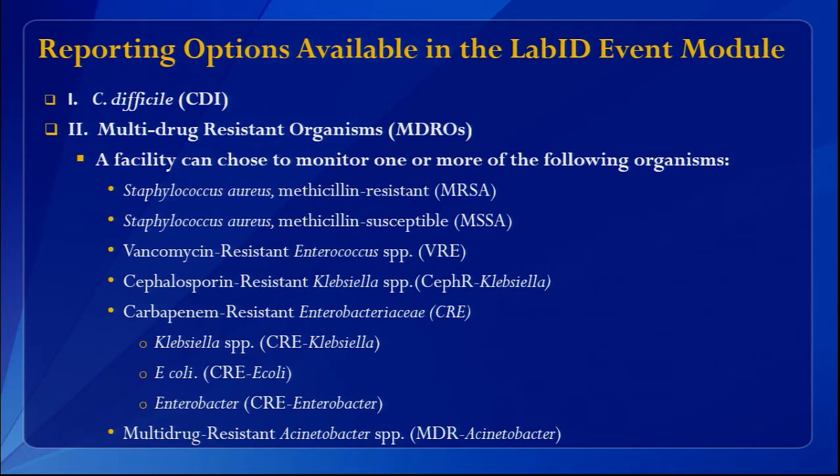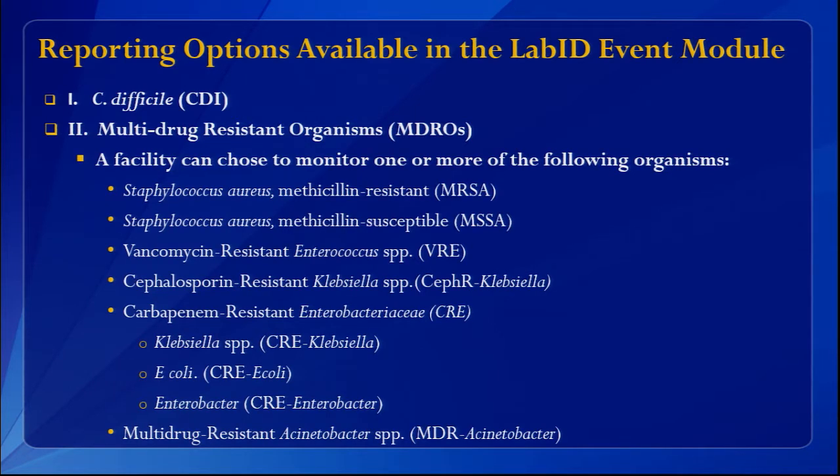Just to make your eyes cross, I put this slide on here. Here are the reporting options available in the LabID event module. So C. difficile, or CDI, which is near and dear to my heart. And then you also have multi-drug resistant organisms. A facility can choose to monitor one or more of these organisms. So you have your Staphylococcus aureus that's methicillin resistant, so your MRSA.